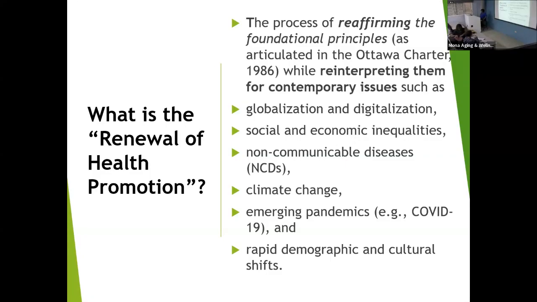We also have to look at social and economic inequalities and the fact that we have been having an increase in non-communicable diseases. We know the whole issue of climate change, and we can look at what happened with Hurricane Melissa, and they're actually cussing out the government, saying the government has something to do with the hurricane and the force of the hurricane.